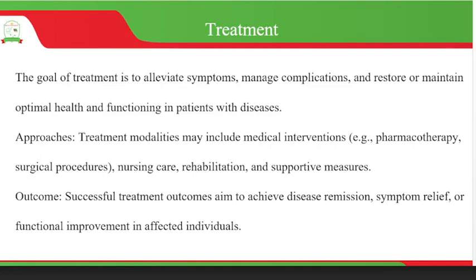So our main issue here could be aiming to achieve disease remission, elimination of disease, elimination of that disability to our cells, so that our cells regain their normal physiological process, our patients are relieved of pain, and there is functional improvement in the affected individuals.